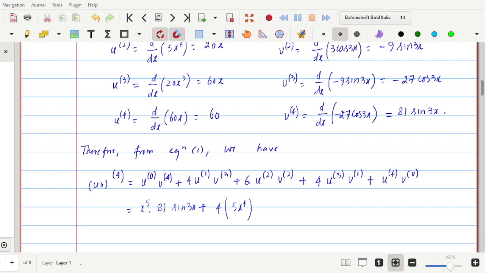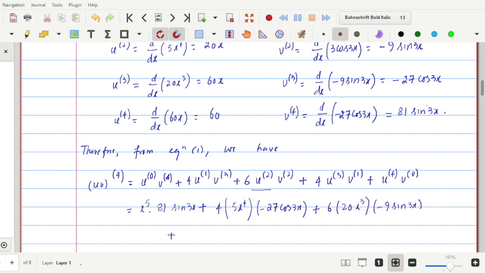Now the third derivative of v is minus 27 cos 3x, then plus this term. First we have 6 here, then the second derivative of u that we have computed above, that is equal to 20x cube. Now multiplied by v2, that is the second derivative of v, computed above as minus 9 sin 3x.